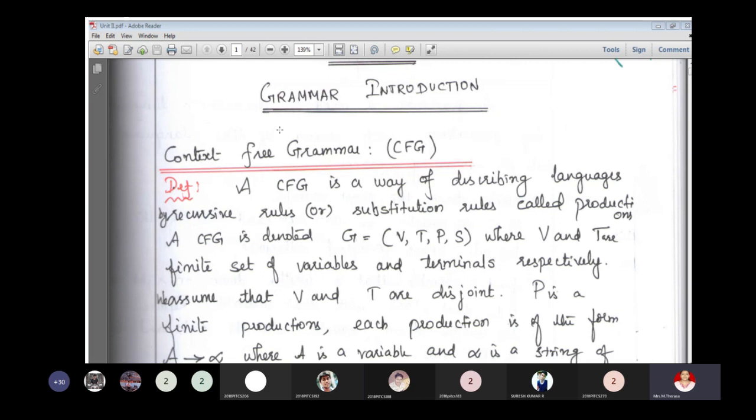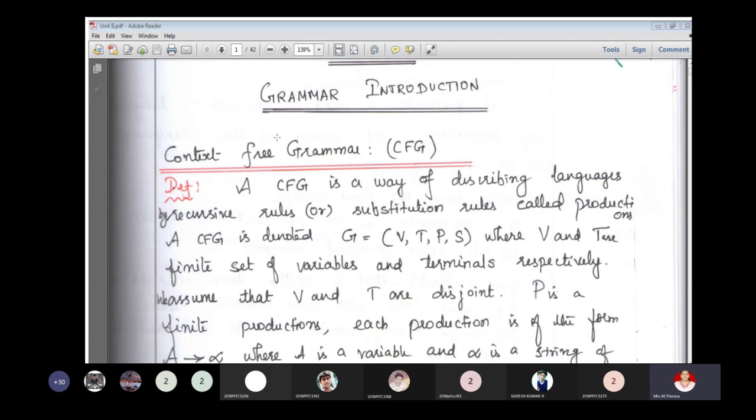A CFG is a way of describing languages by recursive rules that are called production rules or substitution rules, or simply called productions. A CFG, that is context-free grammar, is denoted by four tuples G = (V, T, P, S), where V and T are finite sets of variables and terminals respectively.